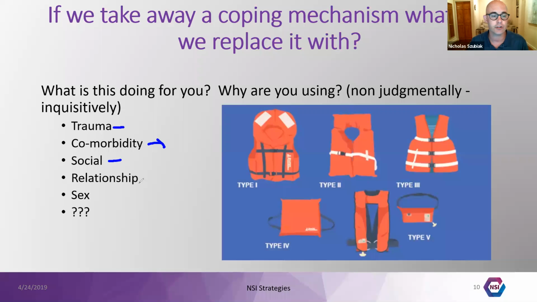Are there social issues, relationship issues? Is it a sexual issue? There are so many other components, and I invite you to put them in the chat box, things that our patients are working with and struggling with. And so for us, the work is to think about what we can do in terms of throwing them a life vest, throwing them a support. What can we do to help provide that support?